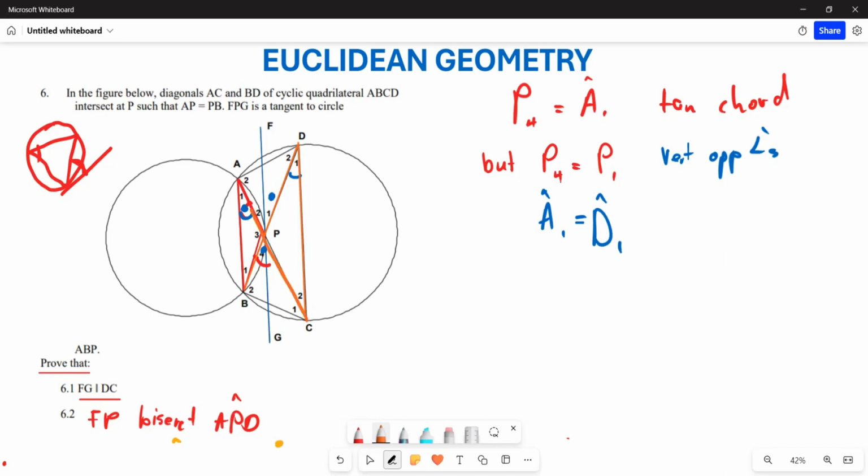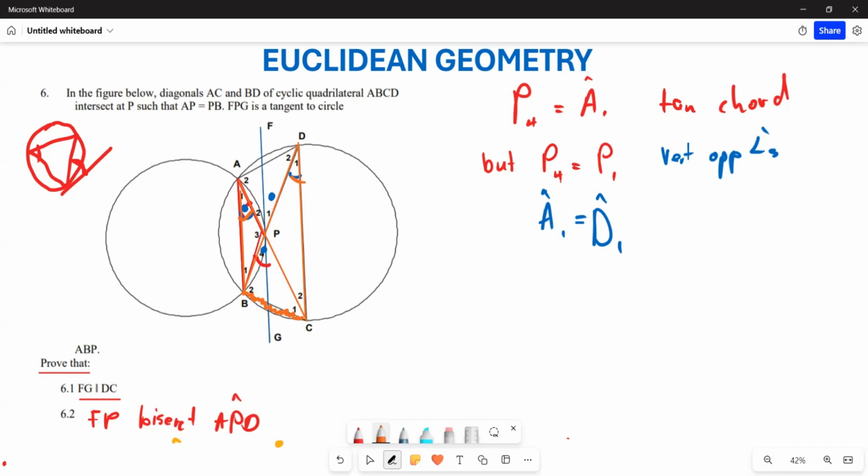Both of these angles are subtended by this particular chord, so angle A1 is equal to D1.